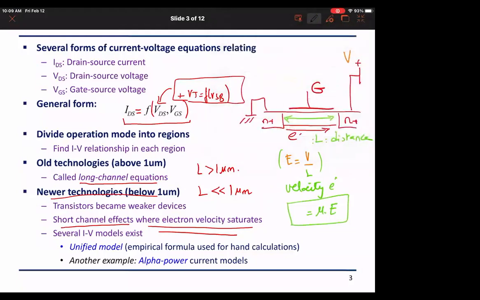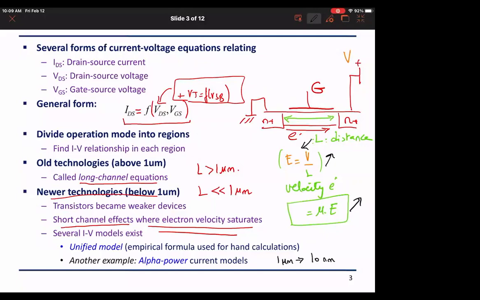So as L is decreasing to the nanometer scale, the electric field is increasing for the same operating voltage and the velocity is increasing. Now the velocity cannot keep increasing indefinitely. As I am moving from L equal 1 micron to L equal 10 nanometer, I have dropped by 100 times. Can I keep increasing the velocity depending on the voltage 100 times?